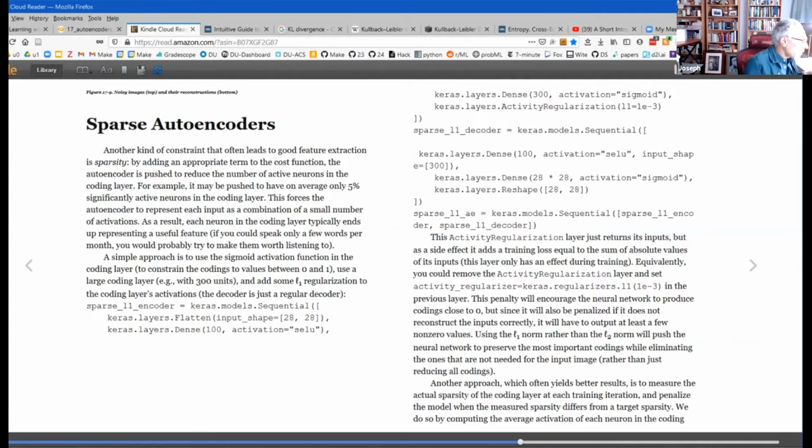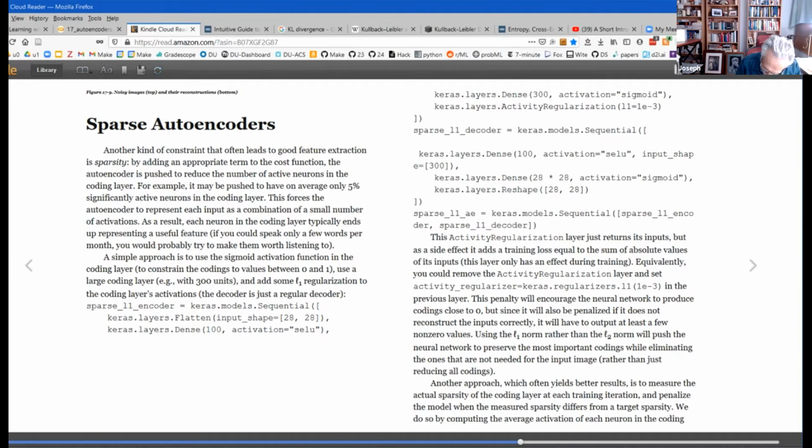Let me go back in my paper book and see if I can find it, because the cloud reader interface is really crappy. Let's see. I don't see a definition anywhere.